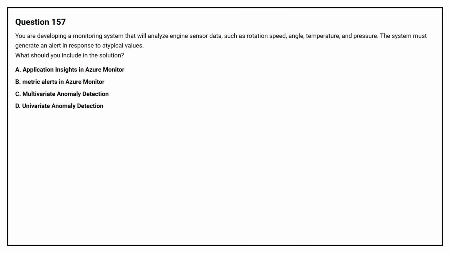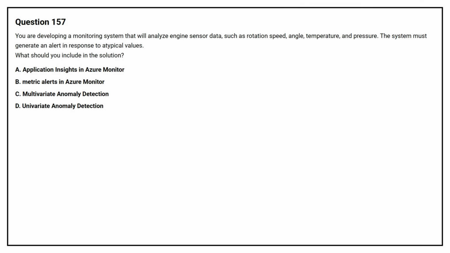Question number 157. You are developing a monitoring system that will analyze engine sensor data such as rotation speed, angle, temperature, and pressure. The system must generate an alert in response to atypical values.